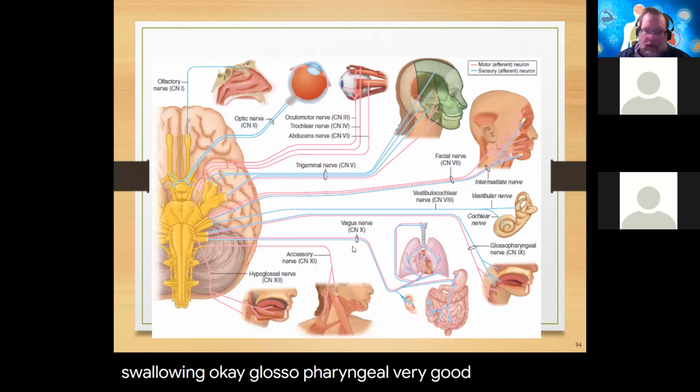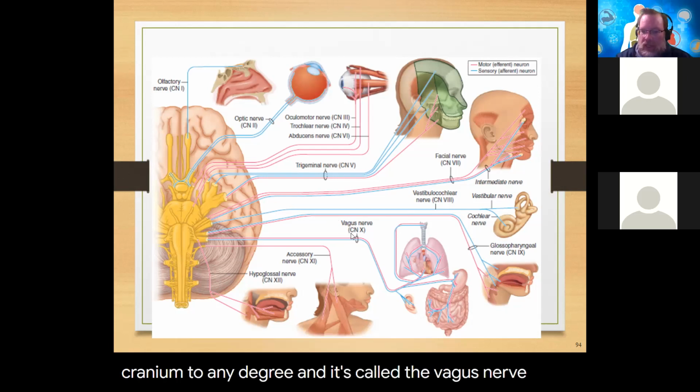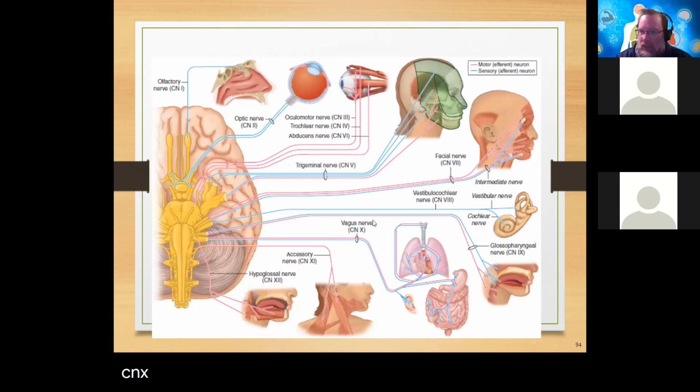Very good vibrations. Here's probably one of the most well-known of the cranial nerves. It's also the only cranial nerve that leaves the cranium to any degree, and it's called the vagus nerve. So CNX, that's a mixed cranial nerve, vagus, VAGUS, not VEGAS.